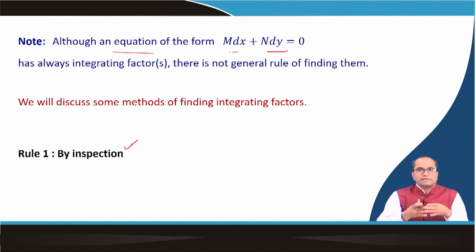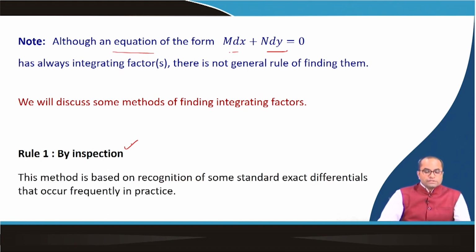This is very easy sometimes, but it can also be difficult to just inspect and get the function which we can multiply so that the equation will become exact. This method is based on the recognition of some standard exact differentials that occur frequently in practice.